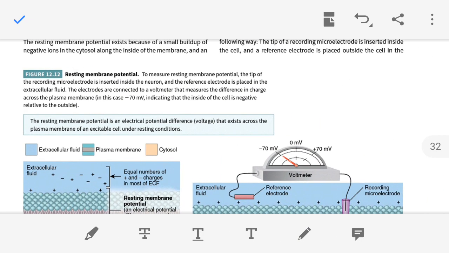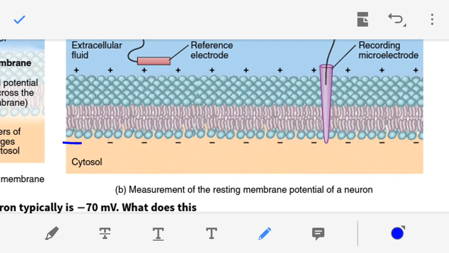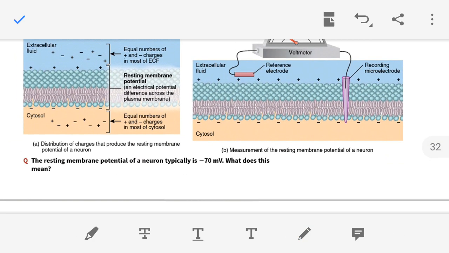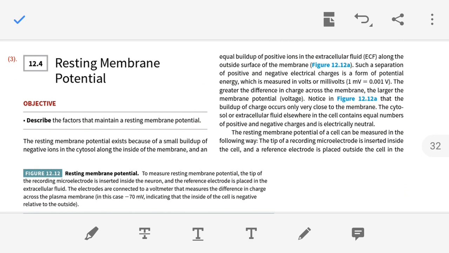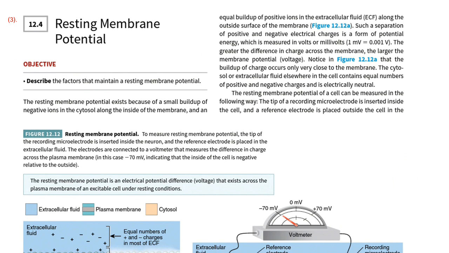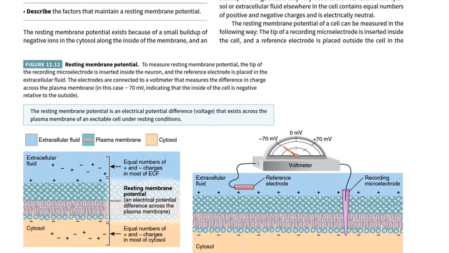So here, as you can see, on the inner surface of the plasma membrane there is a presence of negative charge inside. Okay, so this is about the resting membrane potential and how it is measured.